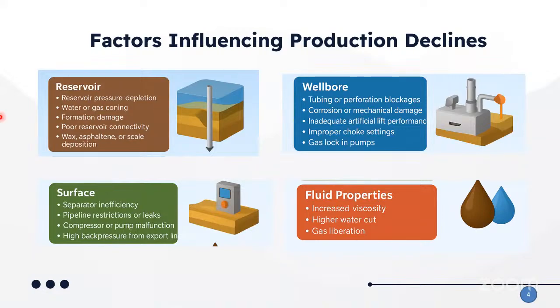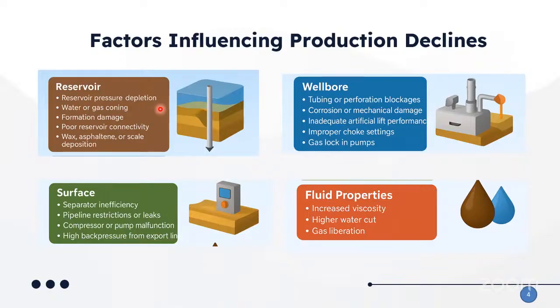Then on reservoir pressure depletion, naturally, the pressure in the reservoir is expected to push oil to the surface, but as you produce along the line, there's going to be pressure depletion there. So the reservoir will not be producing the way it's supposed to.